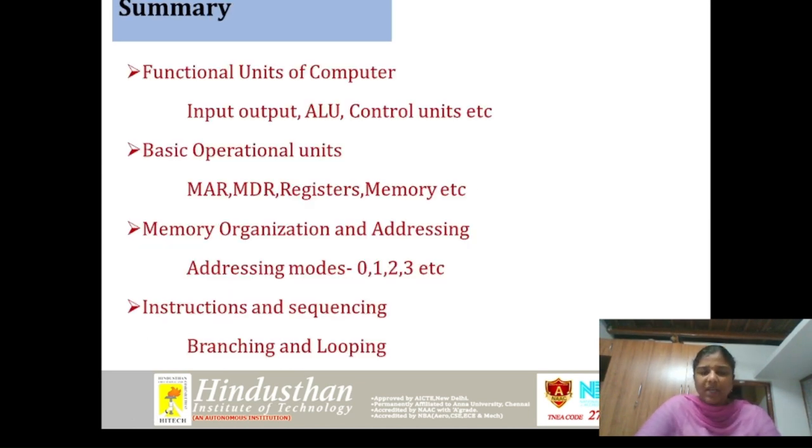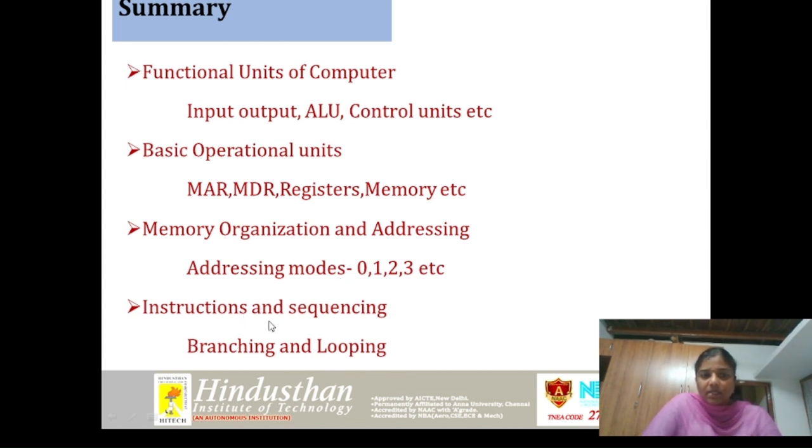So by this we have seen all the topics. Let us summarize them. In the first, functional units of computer, we saw the input unit, output unit, ALU, control unit, etc. In the second we saw the basic operational units, along with things deeper inside like MAR, MDR, registers, memory and their purpose. In memory organization and addressing, we saw different addressing modes like 3 address, 2 address, 1 address, 0 address, and how instructions are stored with example instructions.